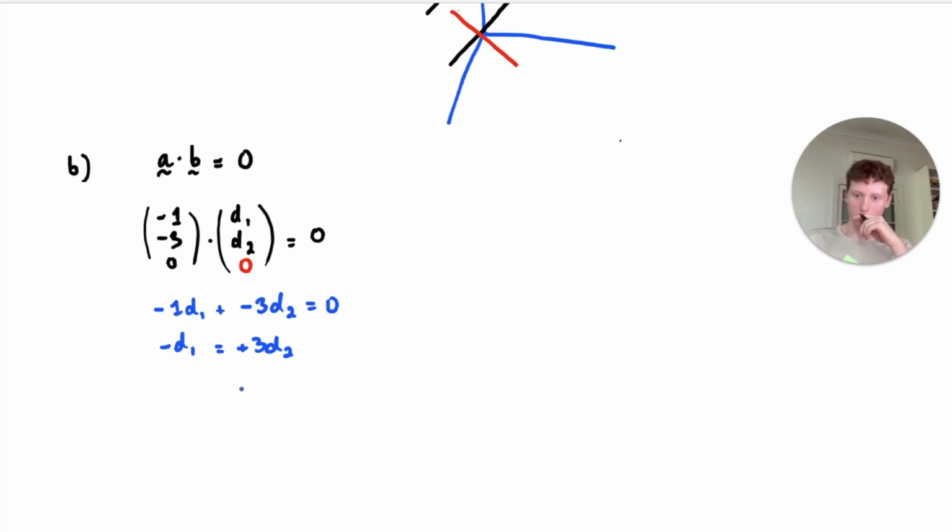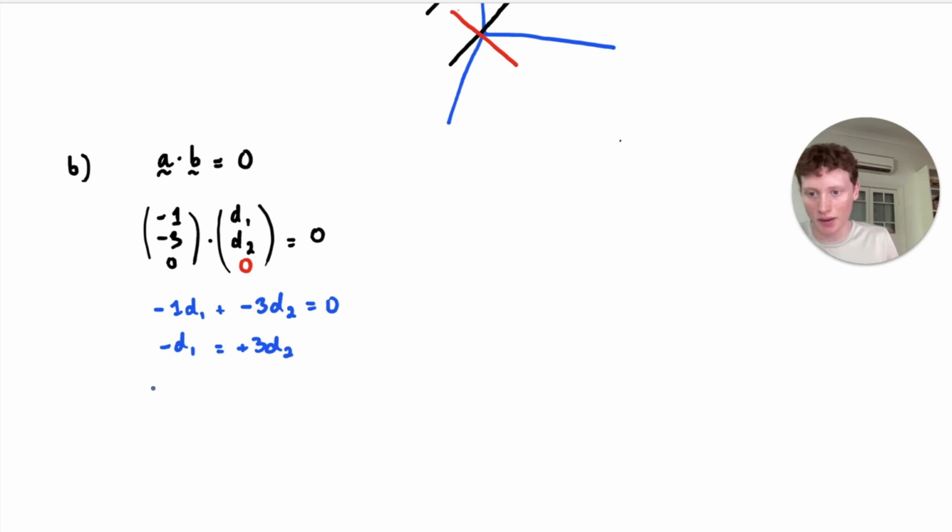What I like to do here is get a ratio of d1 to d2, because you've got to remember that a direction vector can be scaled down or up based on our scalar multiple. As long as the 2 values are in proportion to each other, it doesn't particularly matter. We can just express them as the lowest possible ratio.